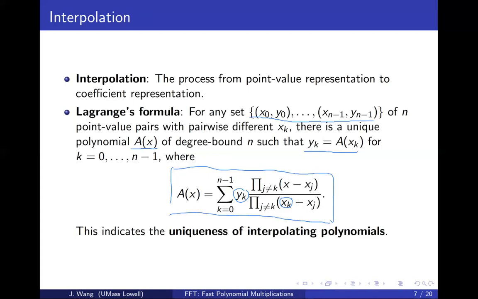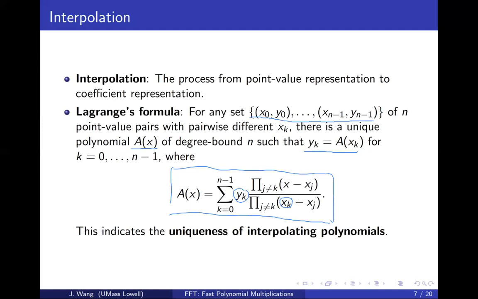And then here, on the bottom, it's just the product of xk minus xj, for j not equal to k, so it's not going to be equal to 0. And the one on top is x minus xj, for j not equal to k. So that means that when x is equal to xj, it becomes 0.